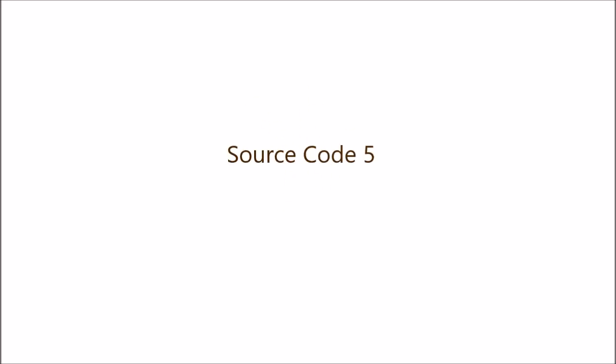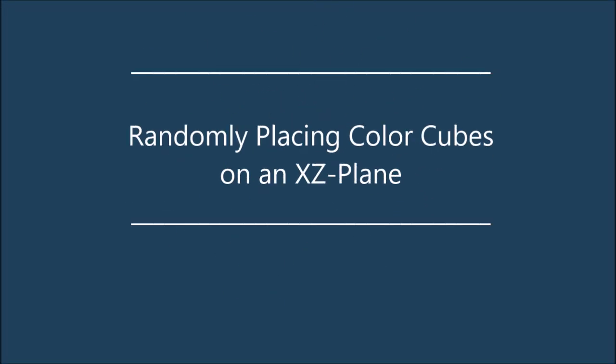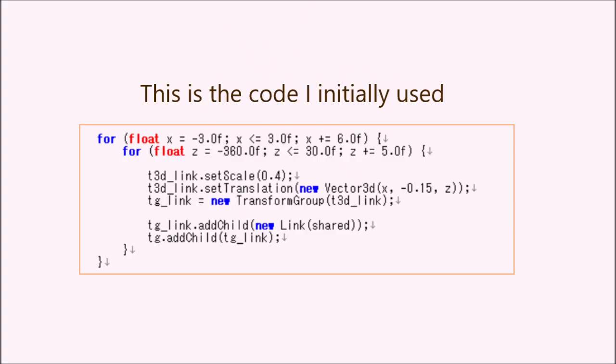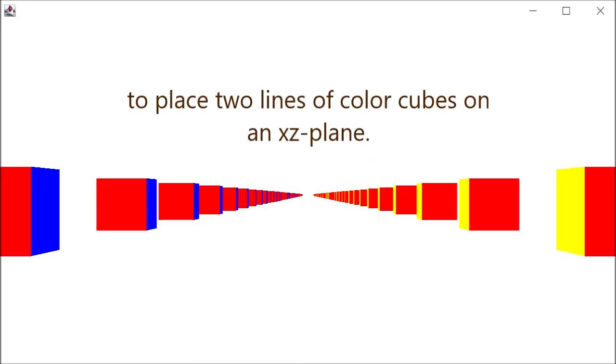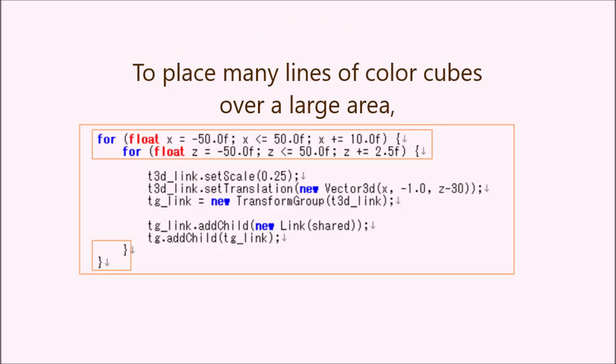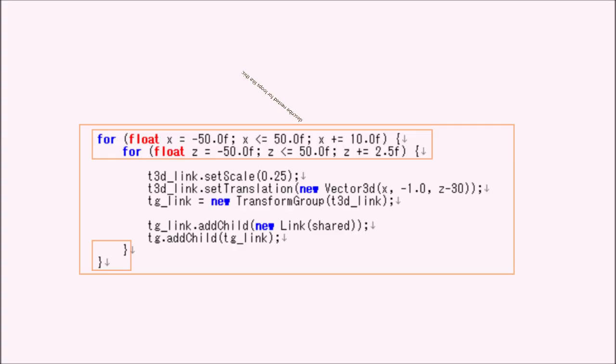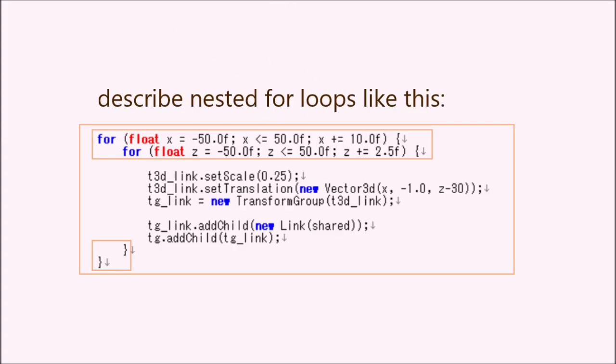Source code 5. Randomly placing color cubes on an XZ plane. This is the code I initially used to place 2 lines of color cubes on an XZ plane. To place many lines of color cubes over a large area, describe nested for loops like this.